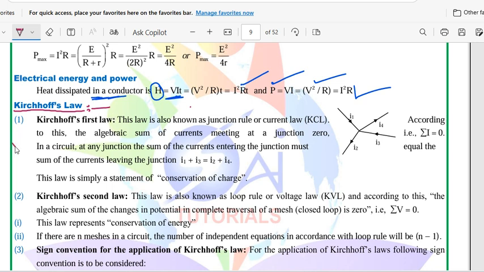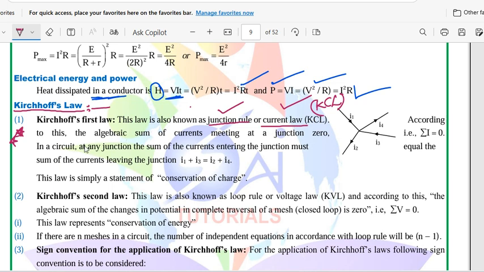This is a very important concept. Kirchhoff's first law is also known as the junction rule or current law, that is Kirchhoff's Current Law, KCL.